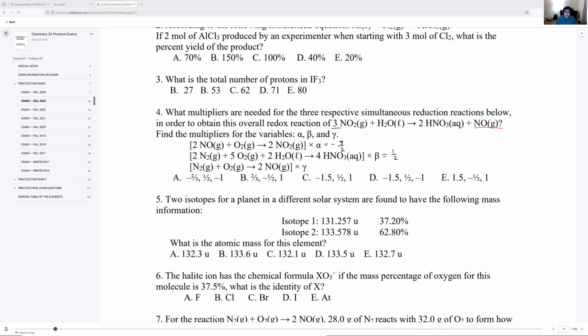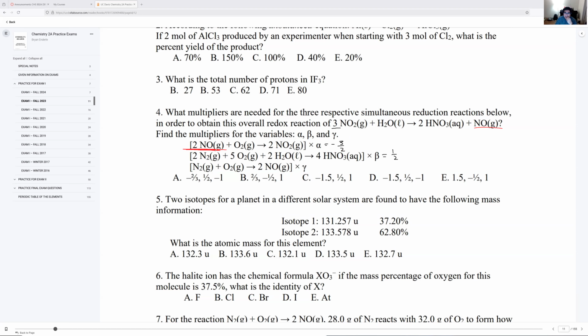And then what about this NO? So if we flip this first one, we'll check the other places where there's NO. Oh, there's 2. Okay, so I guess that's going to count too. So there's 2 reactions where there's NO. So if we flip this first one, because we're multiplying by negative 3 over 2, we have to get the NO2 on the correct side.